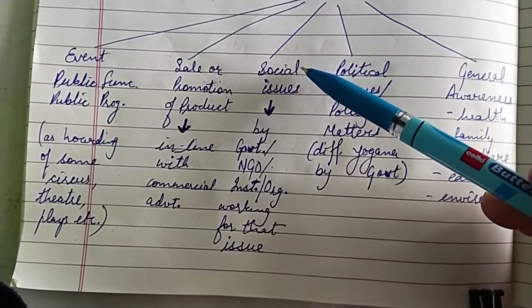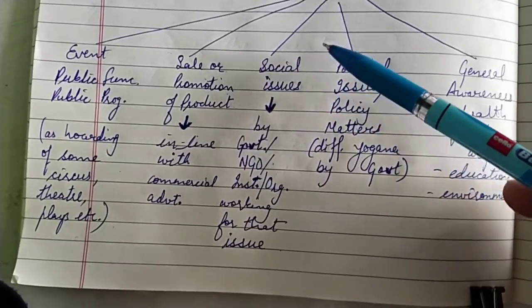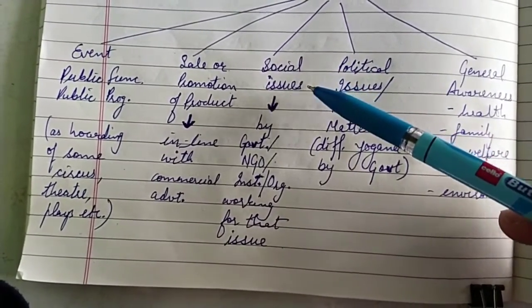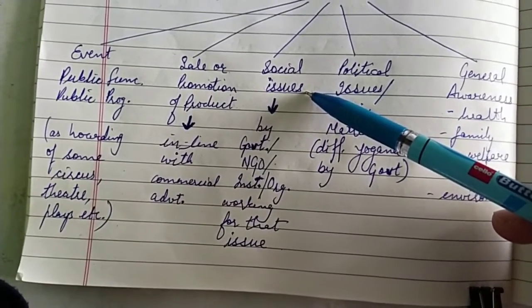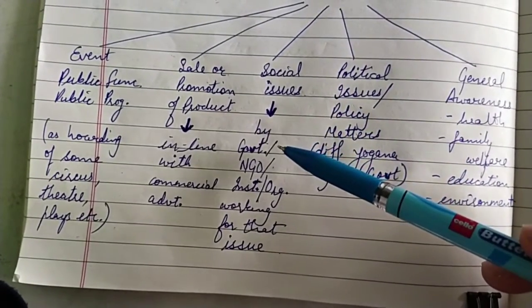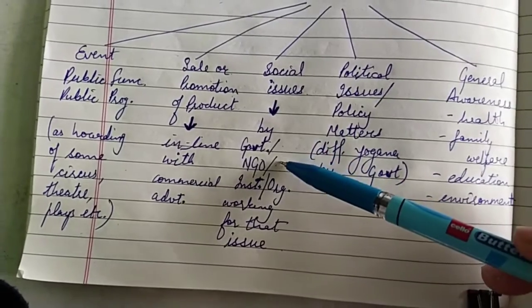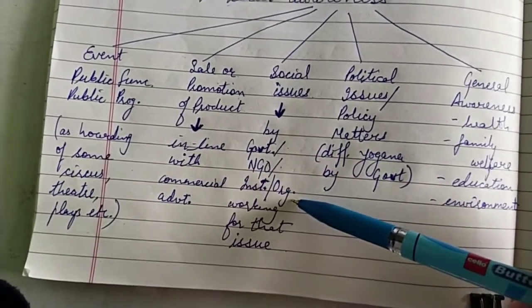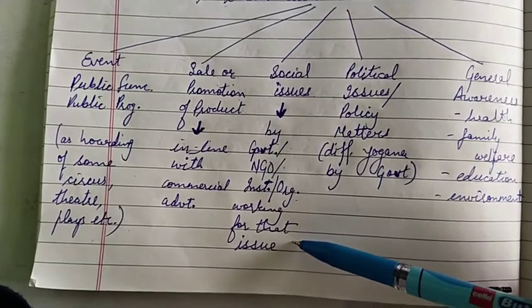Third one is poster on the social issues. These posters are generated by some department of government, some NGOs, some institutions or organizations that are working for that particular issue.